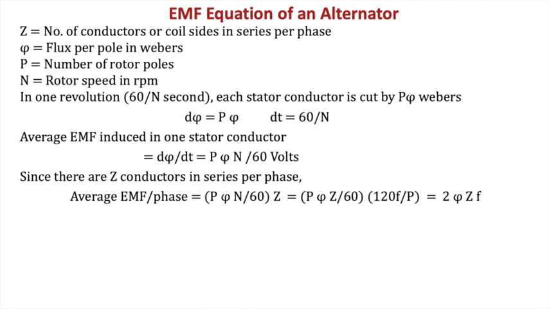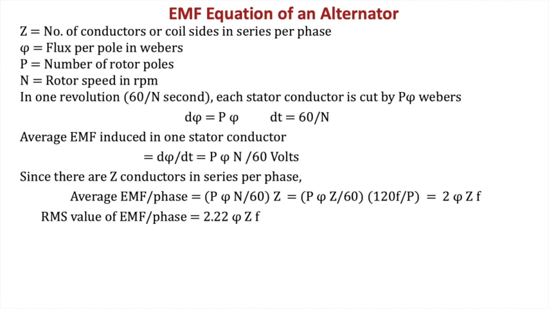If Z is the total number of conductors in series per phase, then the average EMF per phase will be P phi N/60 × Z. Now N will be substituted as the synchronous speed, that is 120 f/P. So you will get the average EMF per phase equal to 2 phi Z f, where f is the frequency of the EMF being generated.